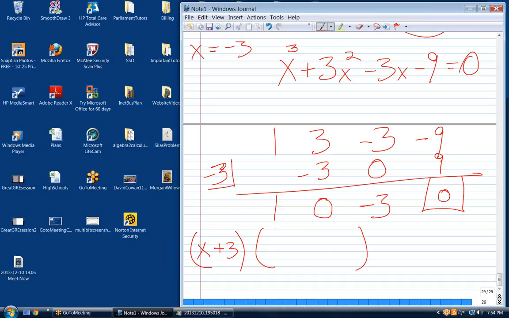Oh wait, hold on, sorry. Based on those three numbers right there, that is your quotient. When you divide a polynomial by another factor, what you get is shown below the line.